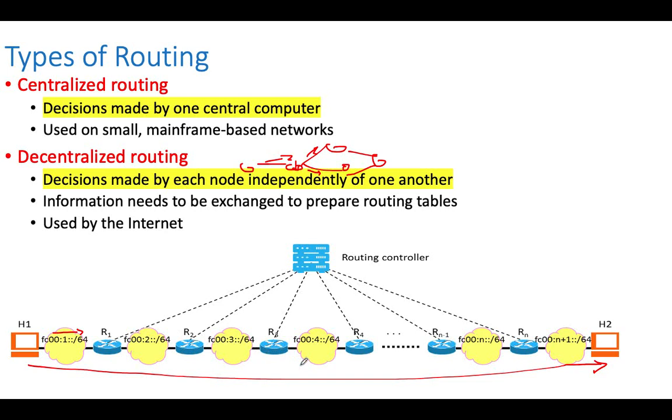In centralized routing, we actually turn the router to work similar to a switch. Similar, but not actually a switch. What do you mean by that? The router will not do any calculation or any algorithm. The router will not do anything except receive instructions from a centralized routing control, a unit sitting at the top here.